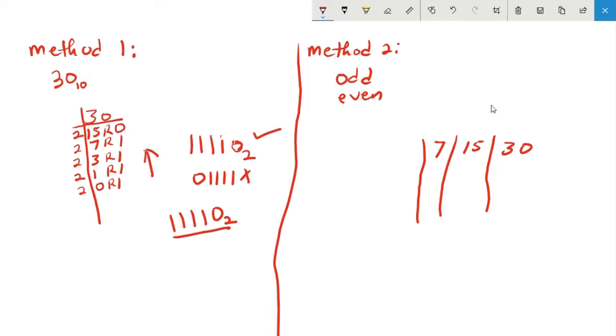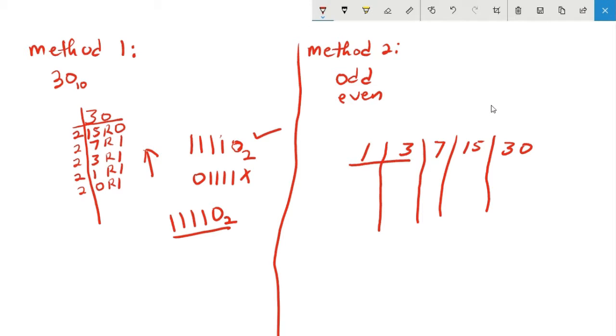Then 7 divided by 2, that's 3, remainder 1. I'm only going to write the 3. And then we have 3 divided by 2, that is 1, remainder 1. And again, I only write 1. I'm not going to write the remainder.